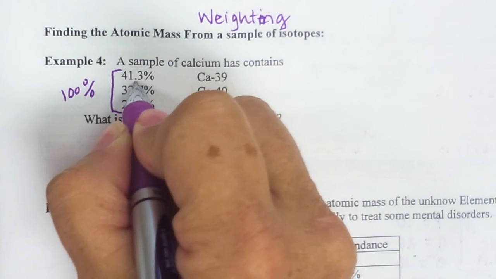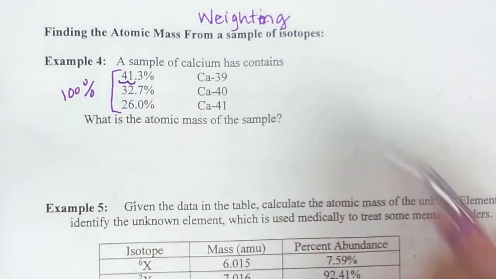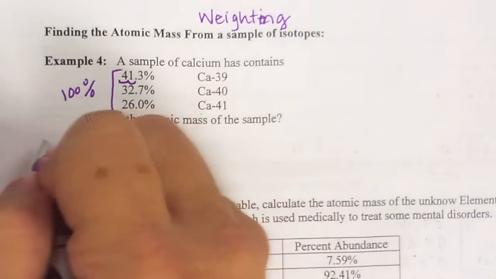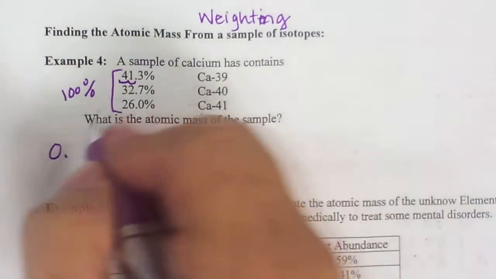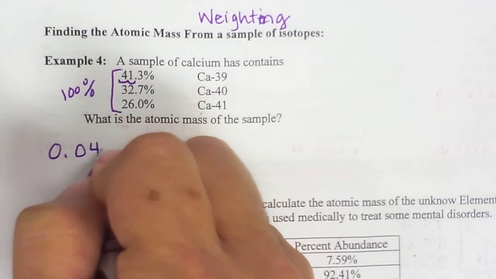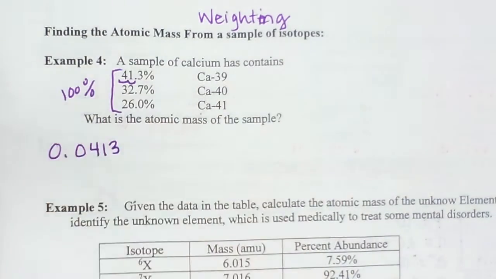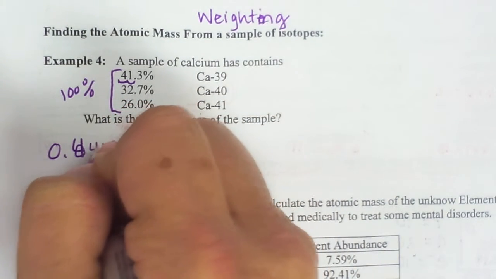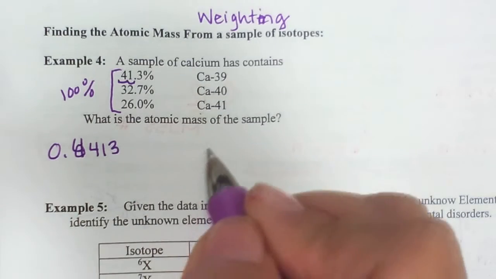I'm going to take my decimal point and move it 2 places, and the reason is because it's a percent. I'm going to take 0.413. I apologize.